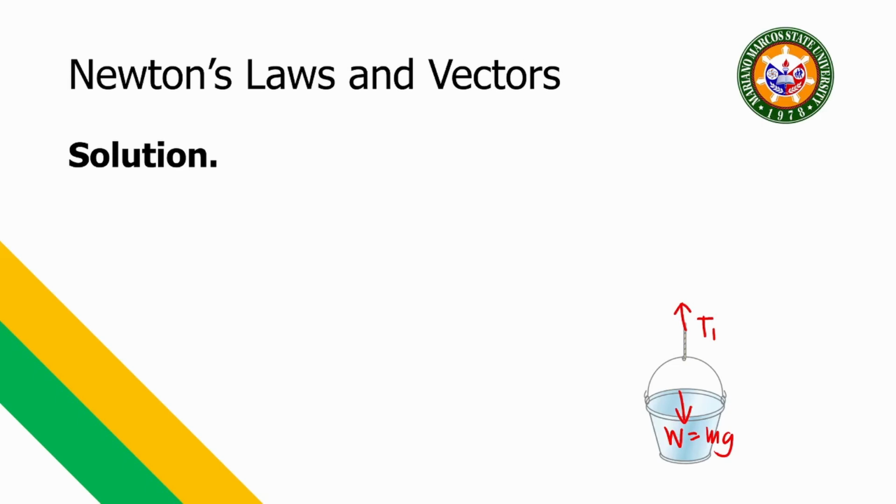So, T1. The problem says, if the buckets are at rest. At rest means it has no velocity. If there is no velocity, there is also no acceleration, since there is no change in velocity. So, let us consider this free body diagram. Its acceleration will be 0.